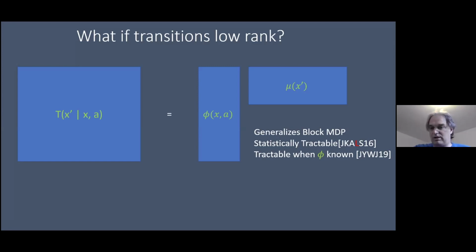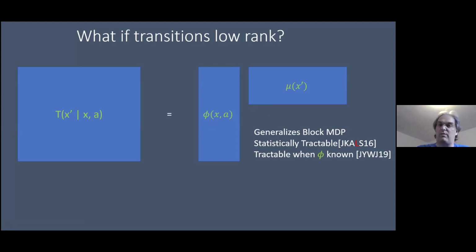We know that this is statistically tractable to solve with another paper from a few years ago about low Bellman rank. And then there's also a paper recently which shows it's computationally tractable to solve when phi is known.